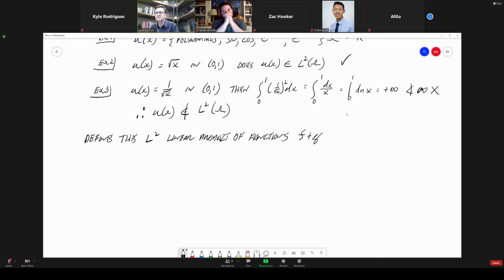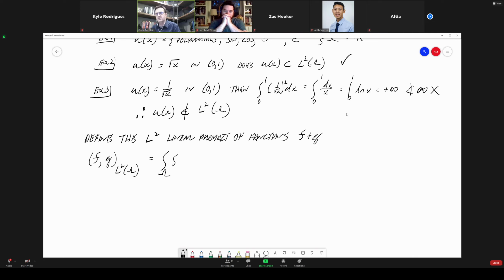F plus G, and that you guys have seen. F of G, L2 in omega is equal to the integral over omega of F G dx.